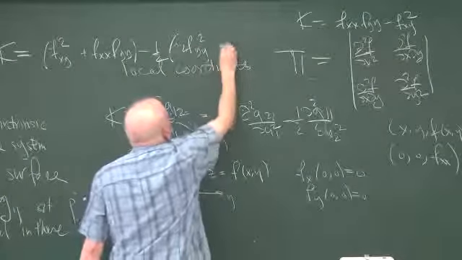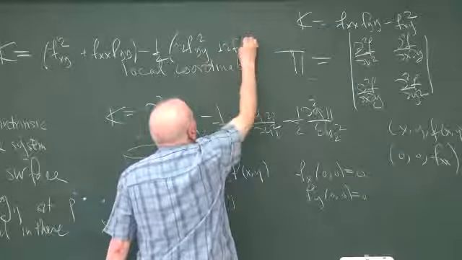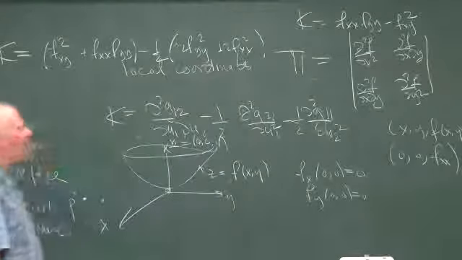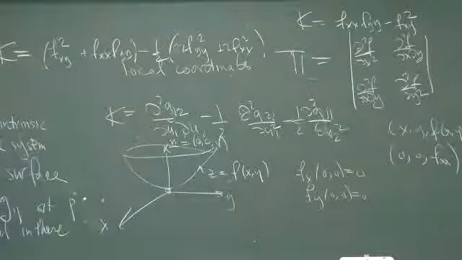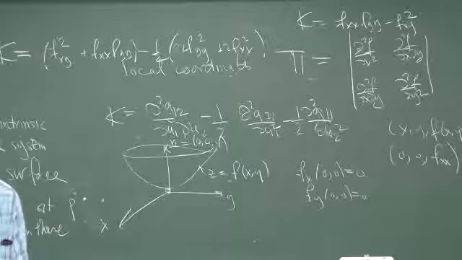Okay, the other one will give me 2 times f sub x squared. So let's see, what do I have here? Do I have the determinant? It looks like, did I make a mistake?